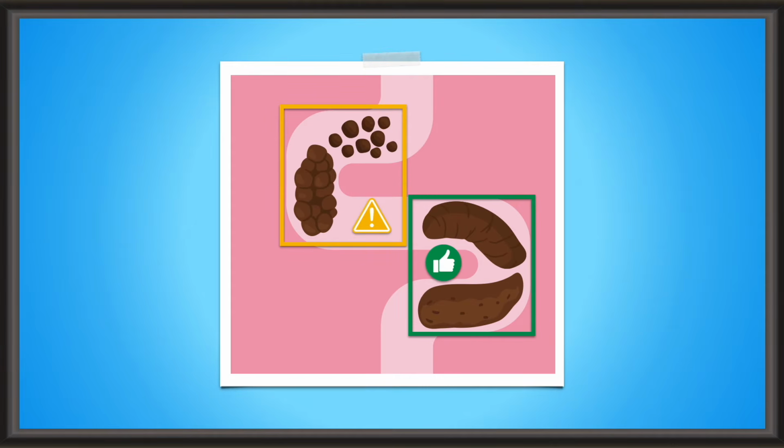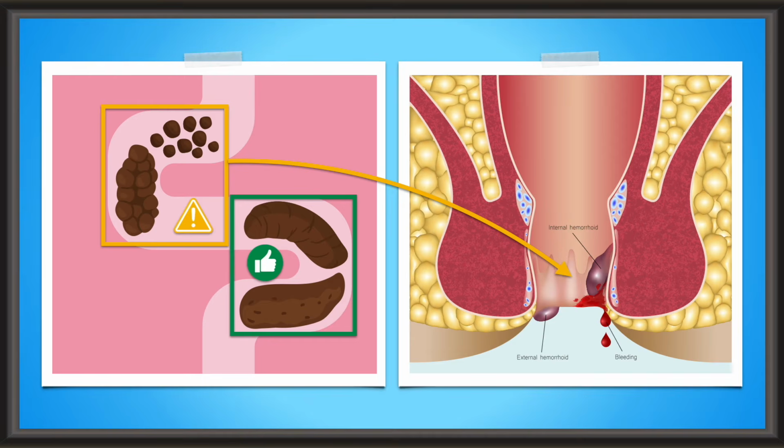That can lead to pain, discomfort, and the feeling of incomplete evacuation after going to the bathroom. The straining that's involved can also lead to the development of hemorrhoids, which are swollen veins in the anus and rectum. Hemorrhoids typically add an extra layer of pain and discomfort to chronic constipation. They can also lead to bleeding and sometimes require surgery to repair.